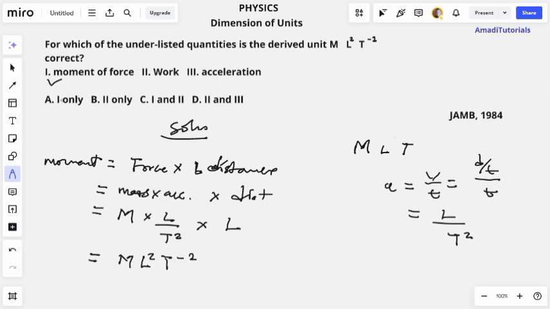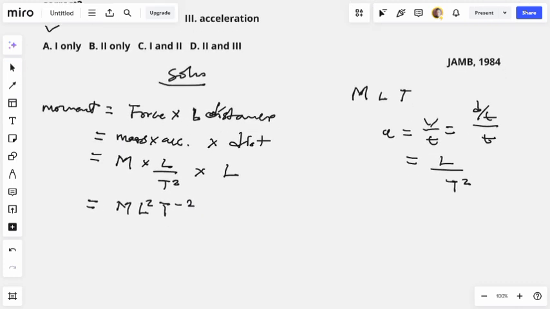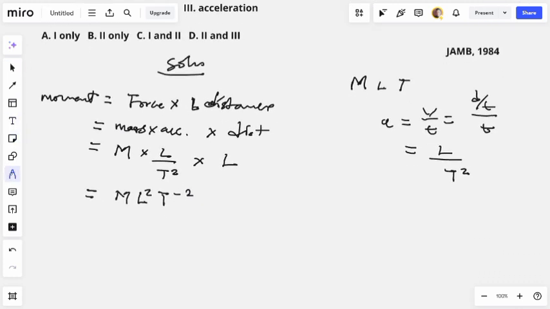So I is there. So let's see work. Let's find the dimensional unit for work. Before you find the dimensional unit, you have to define the quantity first. Work is defined as a product of what? Force times distance covered.